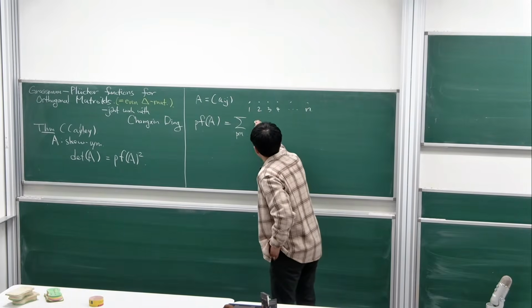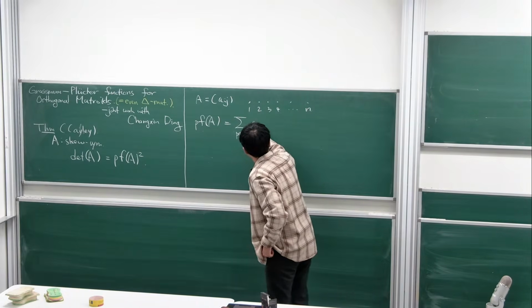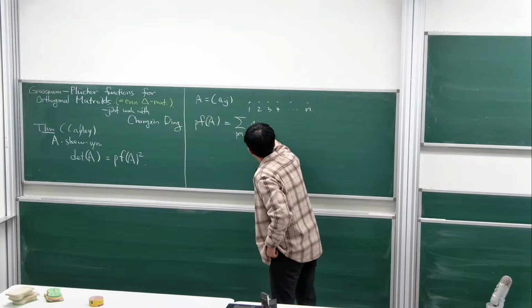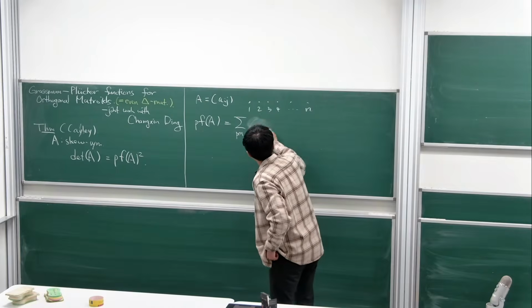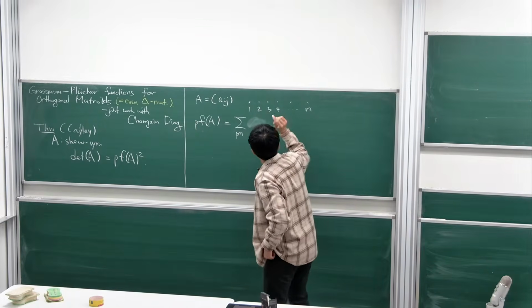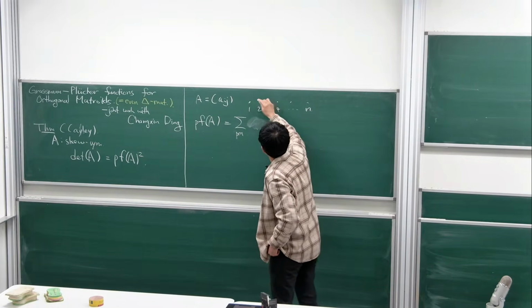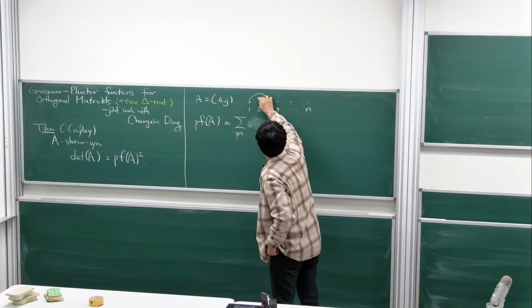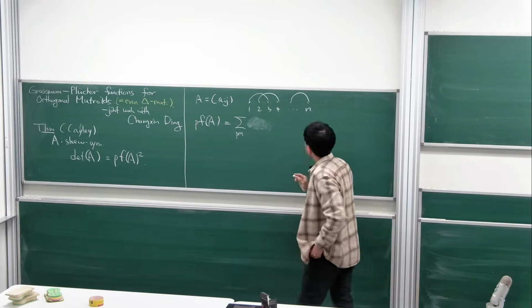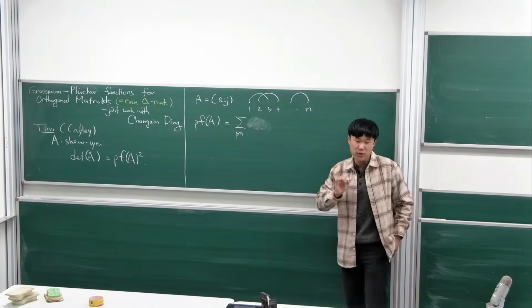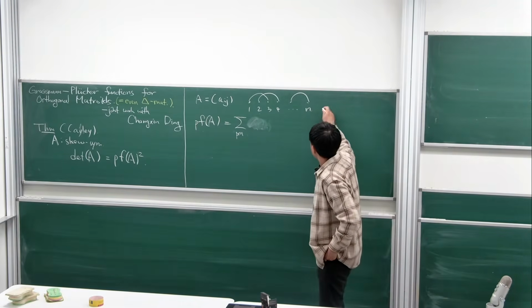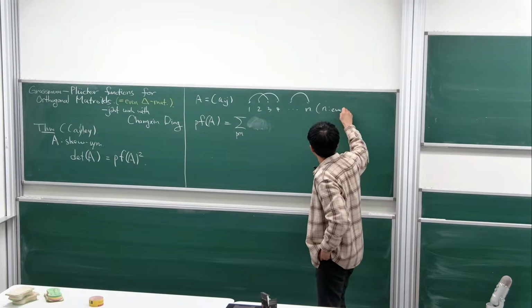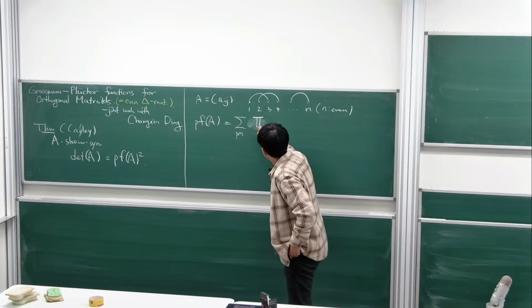Something like the product of A_{i, sigma(i)}. So you may consider a specific permutation sigma which has no fixed point and which is an involution. This corresponds to a perfect matching in the complete graph on n vertices.